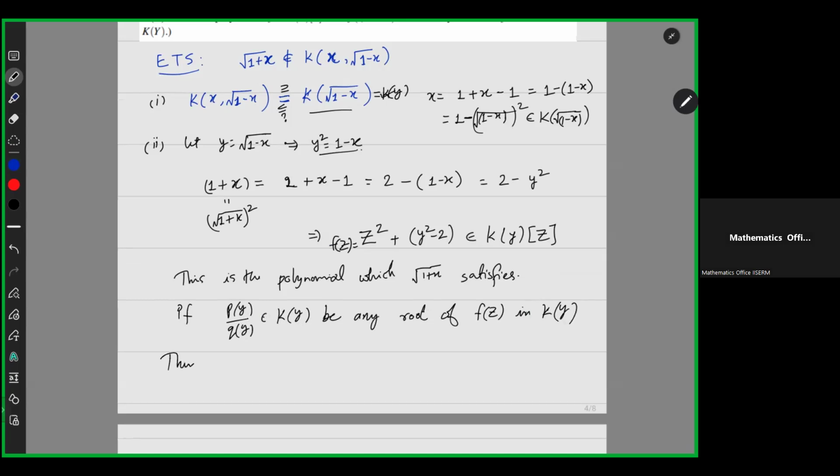then p(y) by q(y) whole square plus y square minus 2 is equal to 0.